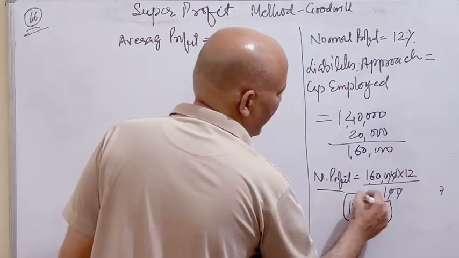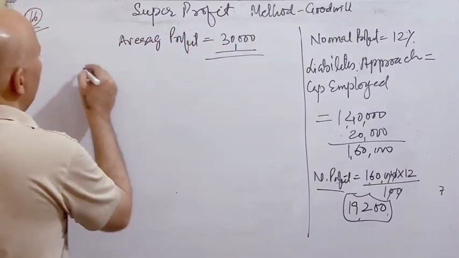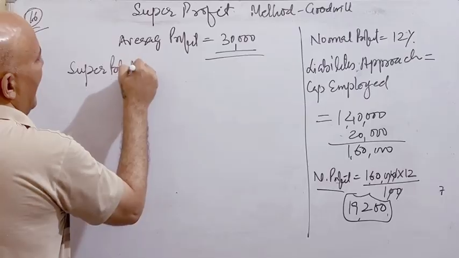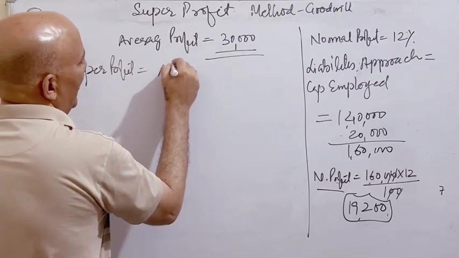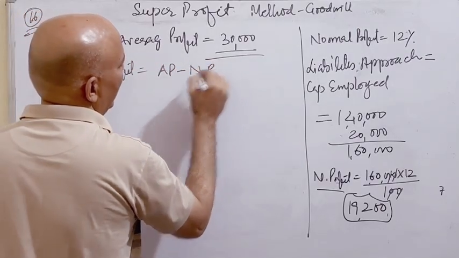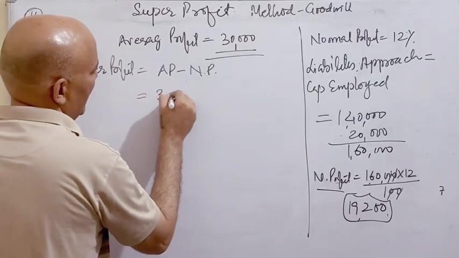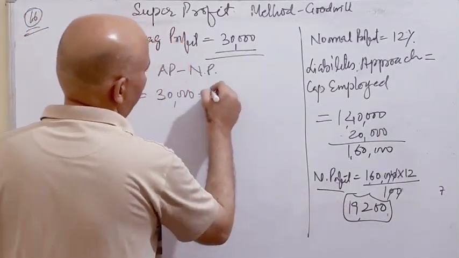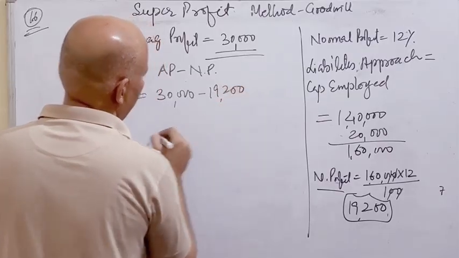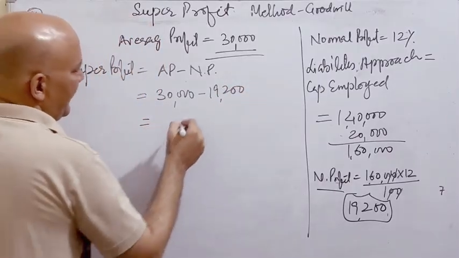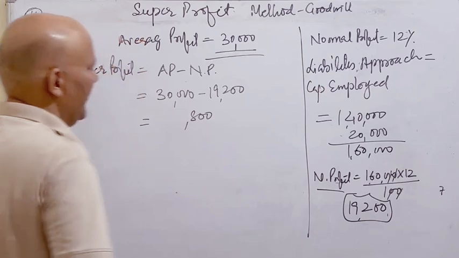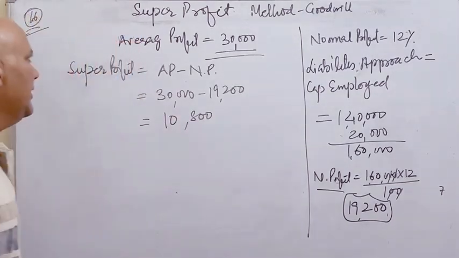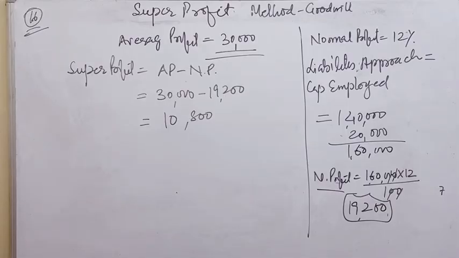We are getting 19,200 as the normal profit. Super profit is nothing but average profit minus normal profit. Average profit given in the question is 30,000, minus normal profit calculated as 19,200. The difference is our super profit, 10,800.